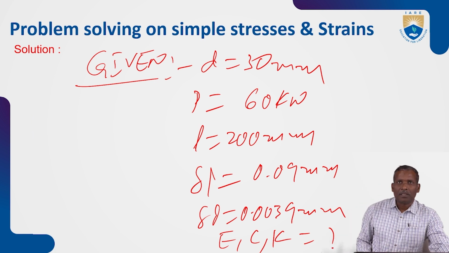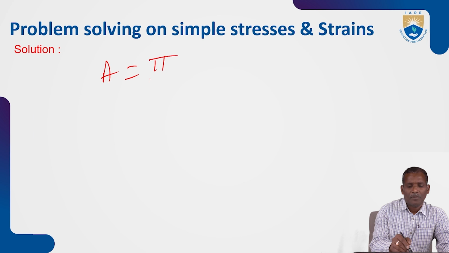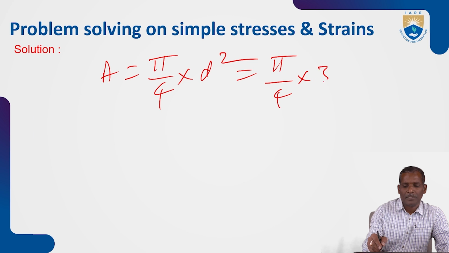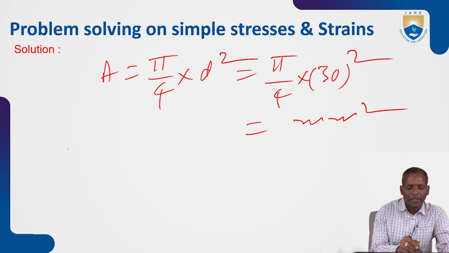So in this case you can calculate the area, 5/4 into D square. You already know D, so 5/4 into 30 square. Calculate, and you will get the area in mm square. And then you need to calculate the Poisson's ratio, that is 1 by m or mu.